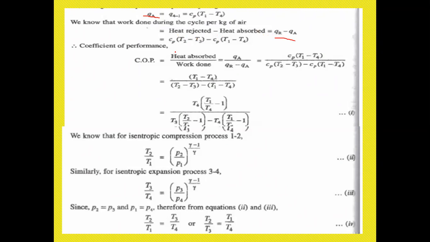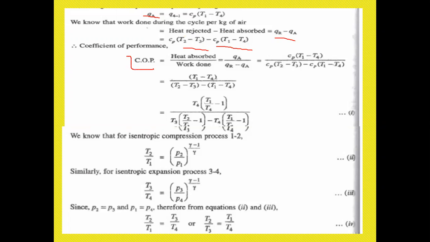That implies Cp (T2 minus T3) for heat rejected, that is, in process 2-3 heat is rejected, and in process 4-1 heat absorbed is Cp (T1 minus T4). Heat absorbed is from temperature T4 to T1, heat rejected is from temperature T2 to T3.